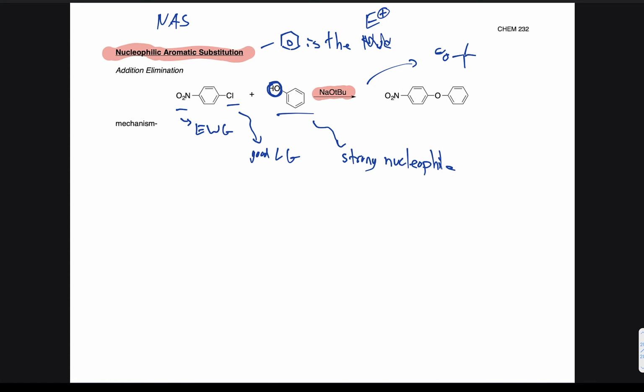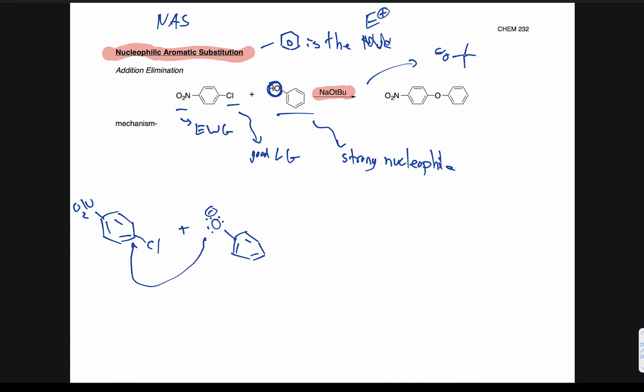Or the mechanism, rather. So what we're seeing is we have our chlorine, NO2, and I'm going to skip the step where we deprotonate the oxygen. But that's what that strong base is doing here, it's deprotonating it. And so we're going to have our deprotonated phenol come in and attack the site here where the chlorine is.